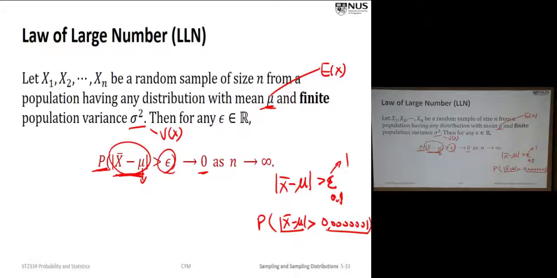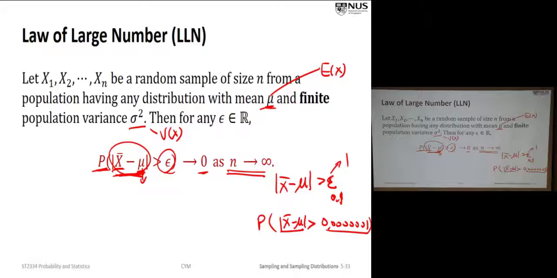So that's the idea. If your n is big, 100 may be big, 1,000 may be big, 1 million may be big. It did not specify the magnitude of n; in fact, it depends on your distribution. It's just saying that x bar is close to mu.